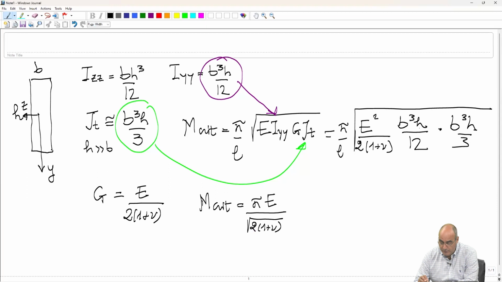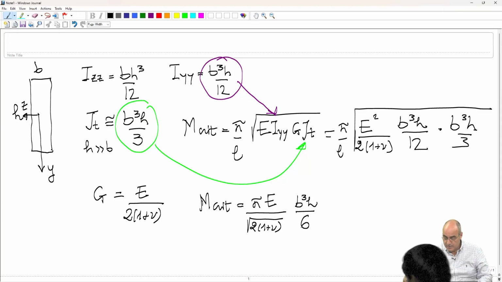And then you see you have b cubed h times b cubed h, but you have to extract the square root, so you bring outside b cubed h. 12 by 3 is 36, and the square root of 36 is 6.